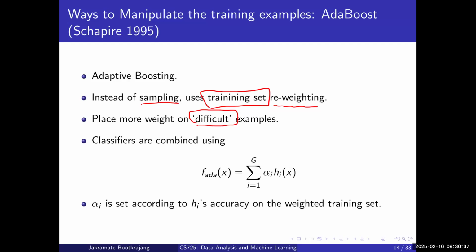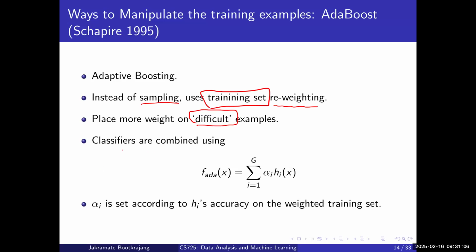When you create the second training set, you sample based on the weight, so the examples that it got wrong will be more likely to be picked in the next set. Then you do the same for the third set, the fourth set.